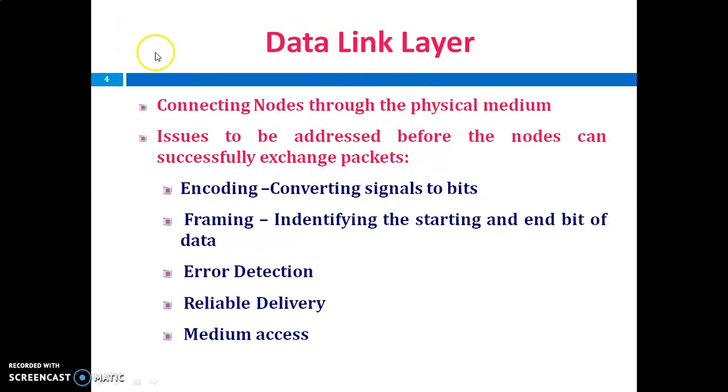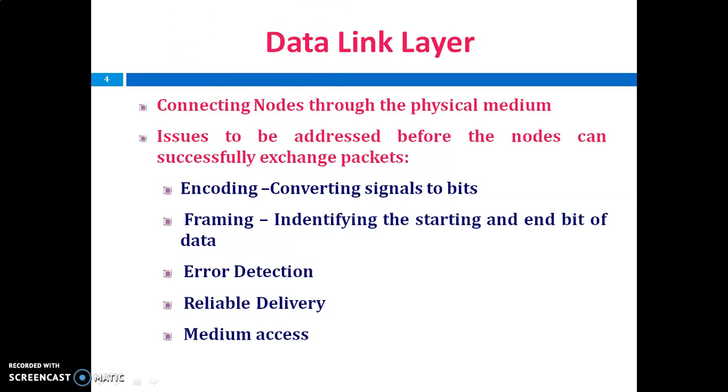The second objective is that the problems must be addressed before the nodes can successfully exchange packets. For example, before I communicate with you, the connectivity and the medium have to be ready. All those issues are taken care of by the data link layer.